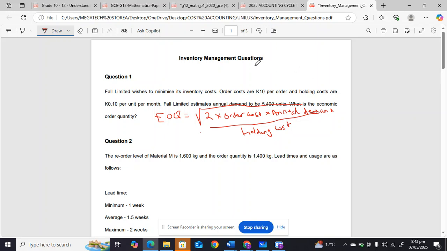Let me make some space here, I've taken all the space there. So our order cost is 10 kwacha per order. So 2 times 10. Annual demand is 5,400 units divided by the holding costs 0.1.